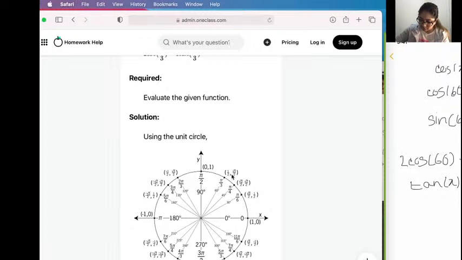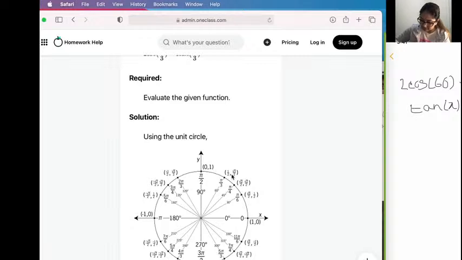Since we already found cos, we have to find tan. So tan of 60 equals sine of 60 over cos of 60.